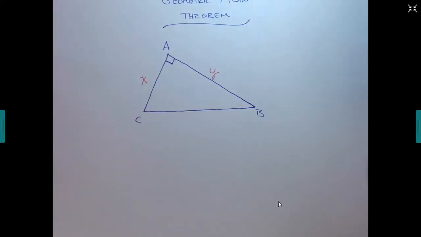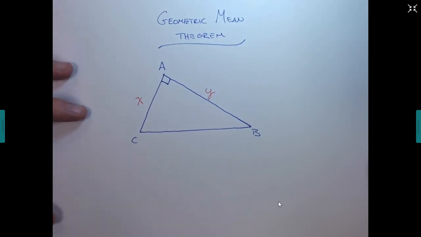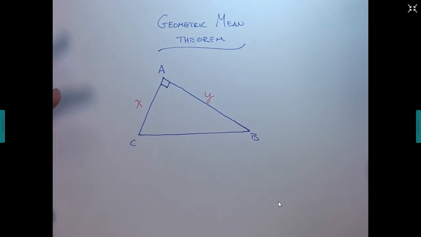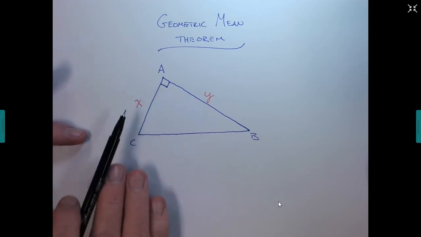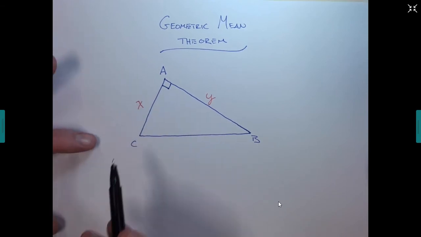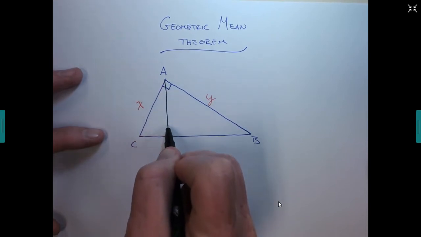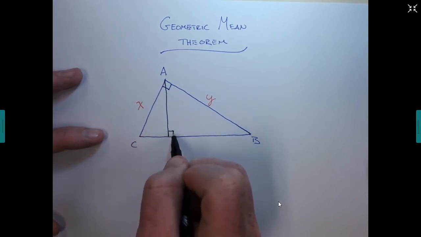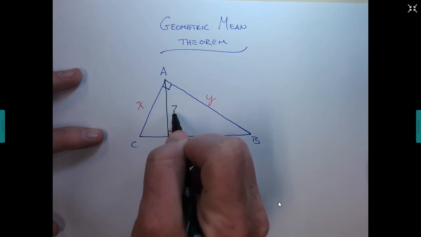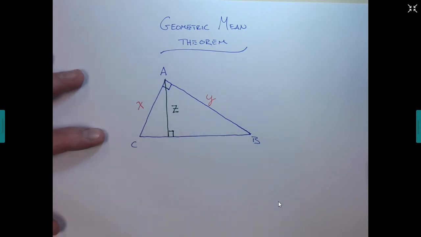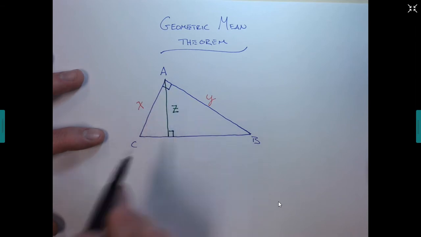Where this becomes difficult is an application of that idea called the geometric mean theorem. The geometric mean theorem says if we take a right triangle and we draw the altitude towards the hypotenuse, I just drew the altitude towards the hypotenuse.